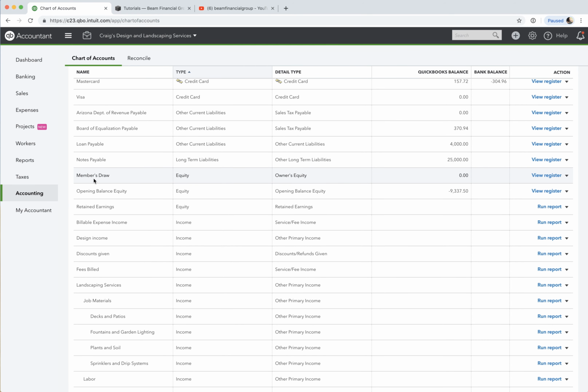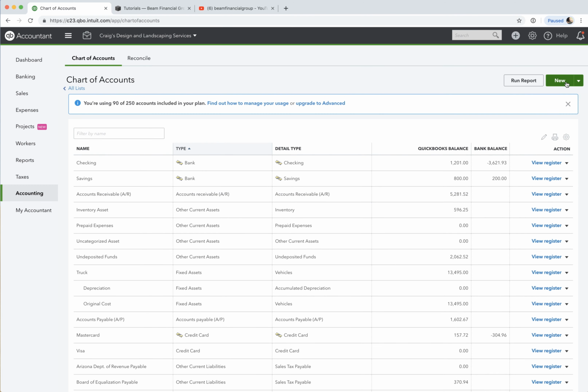So if you look in the chart of accounts, it will show up under the equity section right here. So member's draw. While we're here, I like to create the other side of this account, which is a member's contribution or member's capital. And that's just when you put money into the business. So there may be instances where you're funding the business or you just need to put some money in to cover some expenses. And that is the other side. So that's member's capital or member's contribution.